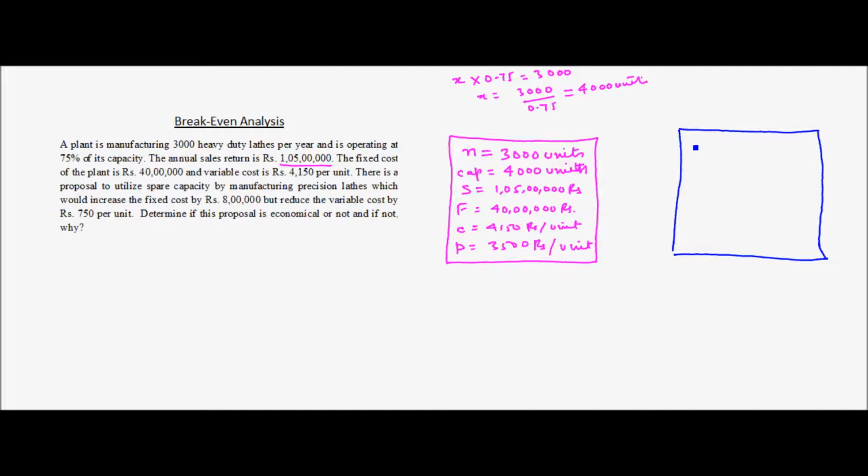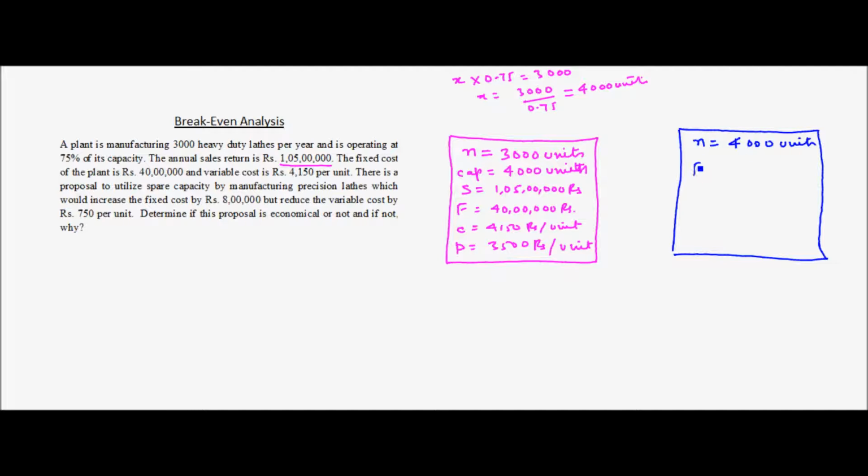So now here n will be equal to 4000 because in the proposed scenario the proposal is to utilize the spare capacity and manufacture as much as possible. So n is equal to 4000 units.